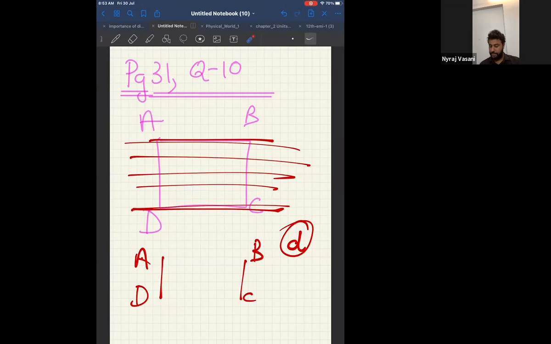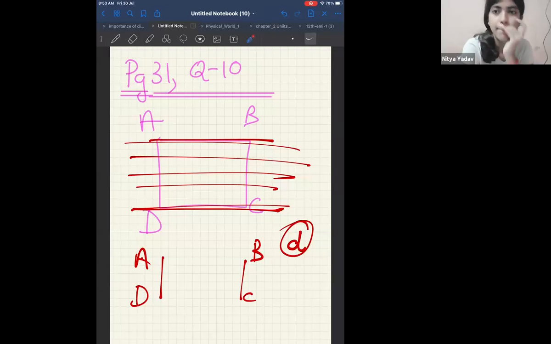It should be a direct question. Start solving. Give me the answer for question number 31. Option B. Correct.